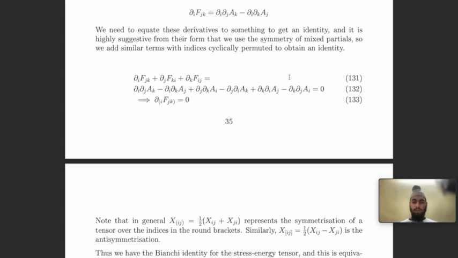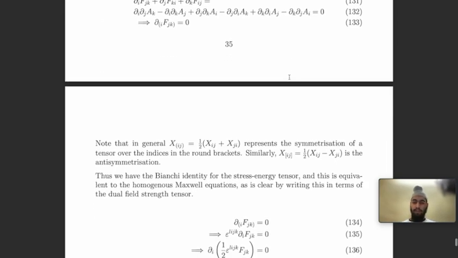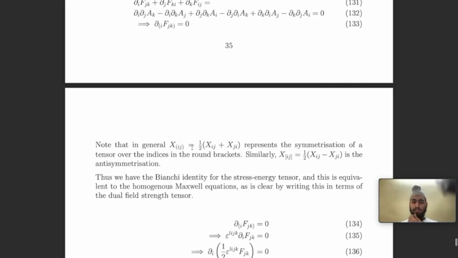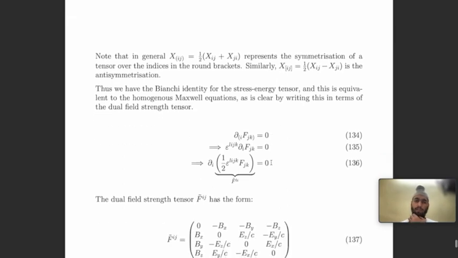You can observe that more explicitly if we rewrite this in terms of the dual field strength tensor, which I will introduce. Also note symmetrization and anti-symmetrization, the notation we use for that, the round and the square brackets over the indices. Yes. So this is the Bianchi identity.